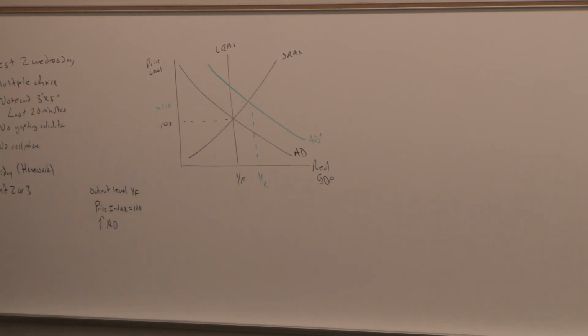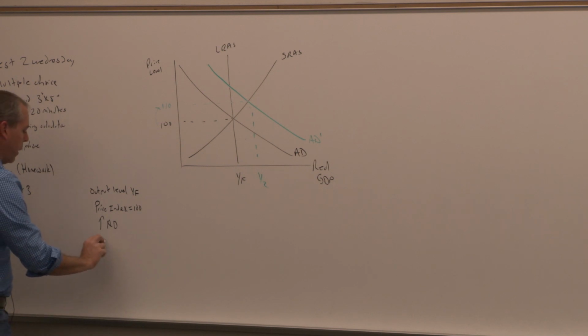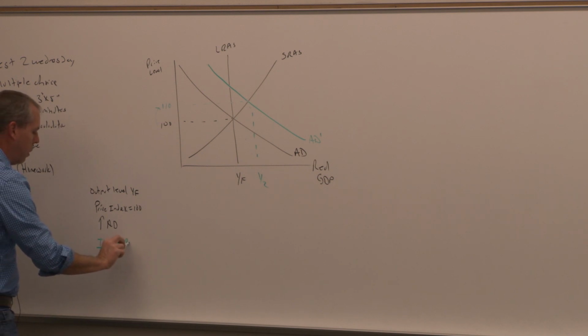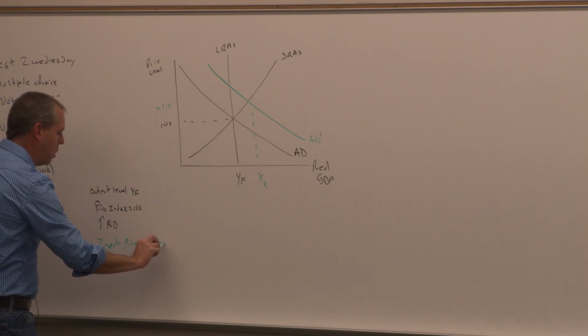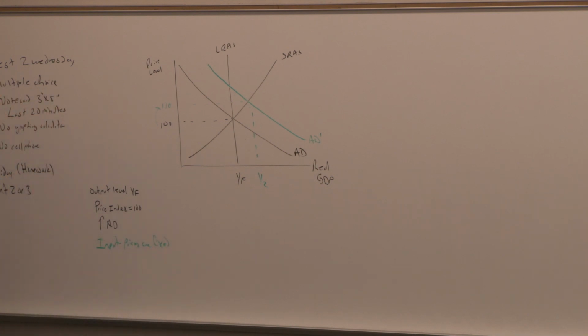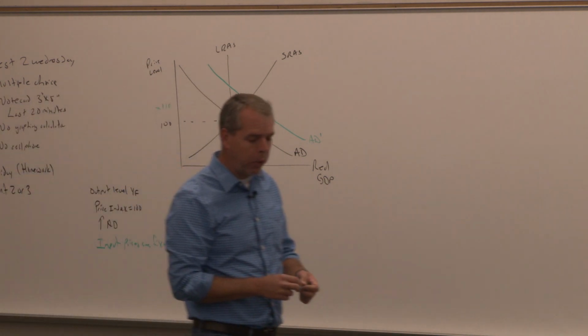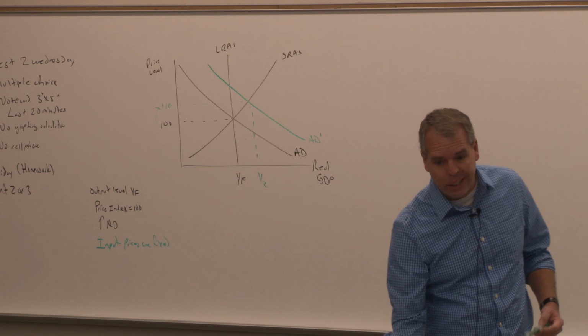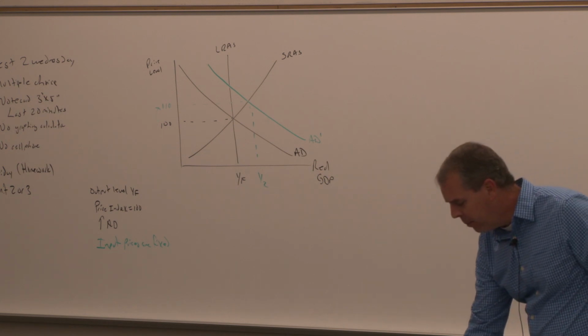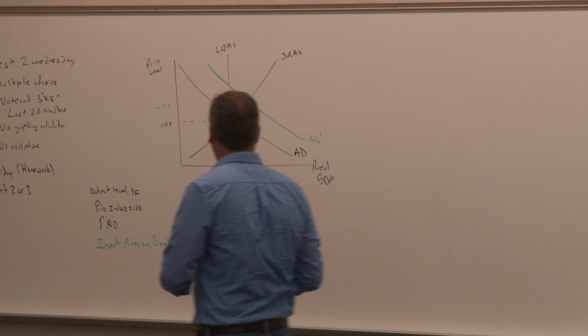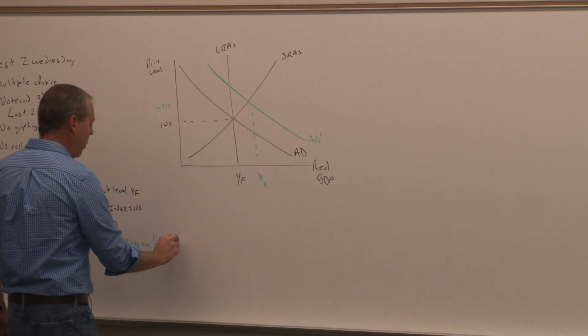But remember that in the short run, these input prices are fixed. Therefore, input prices are staying the same, output prices are increasing, people's real wages are actually declining. And what we see happening is that firms respond to this by saying, we want to make more output, right? We're seeing profits increase.